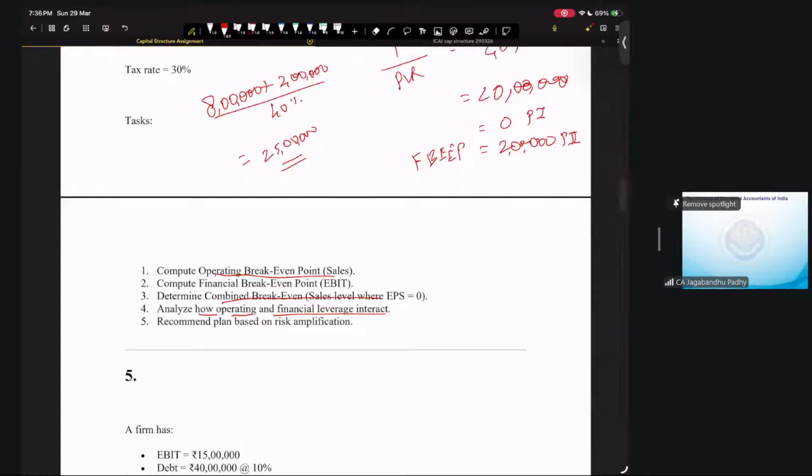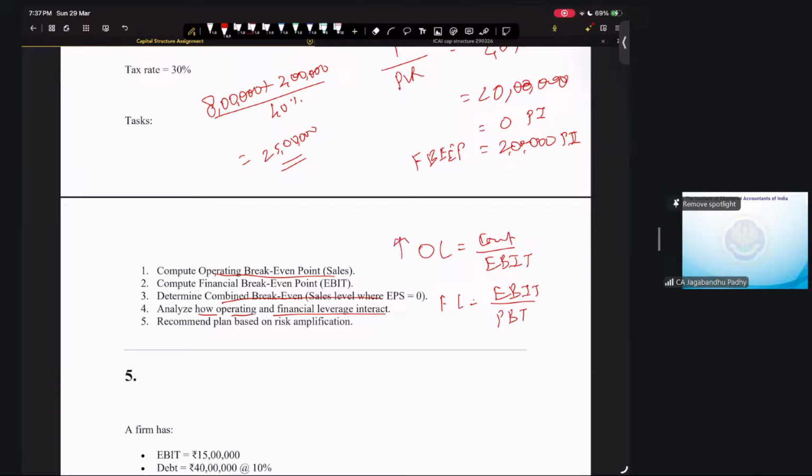Analyze how operating and financial leverage interact. So operating and financial leverage, is there any interaction between them? Yeah, if the operating leverage is high, financial leverage is going to be lower. Because we know operating leverage is computed as contribution upon EBIT. Financial leverage is EBIT upon PBT.